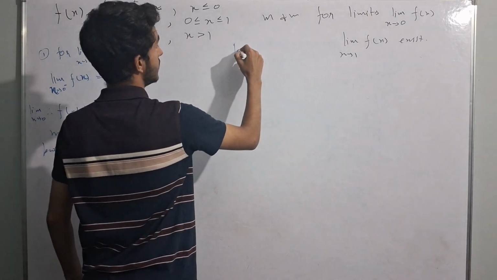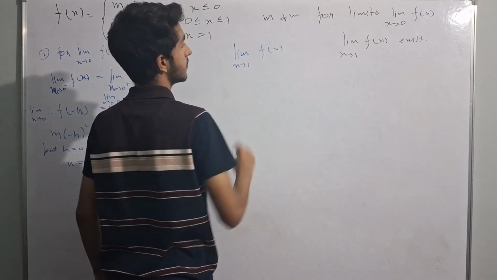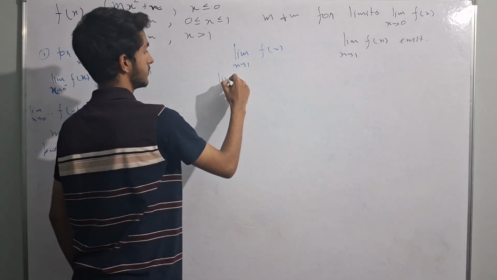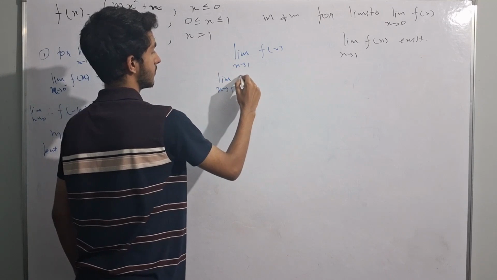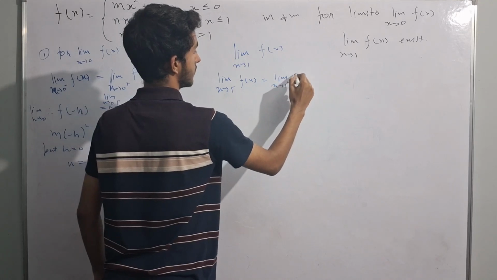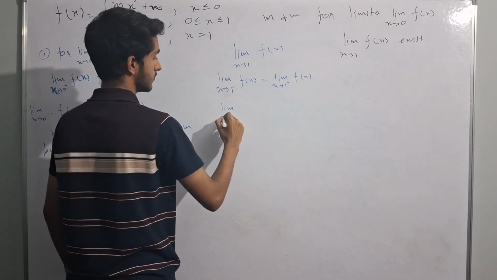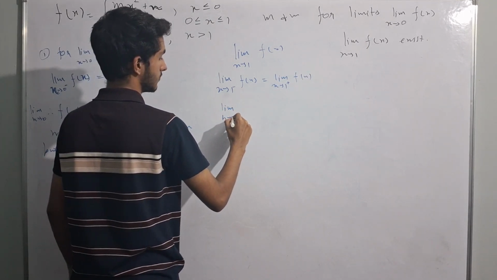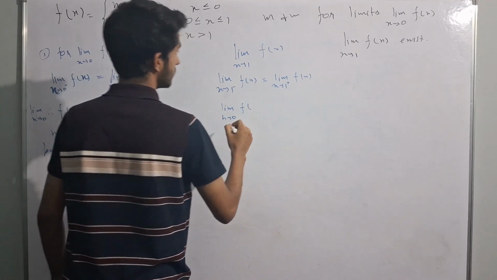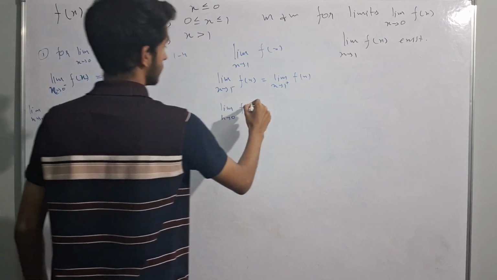So the equation was limit x tends to 1 of the function of x. This would be 1 minus h, yeah.